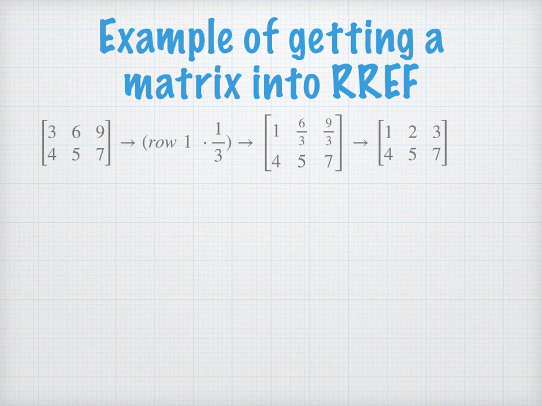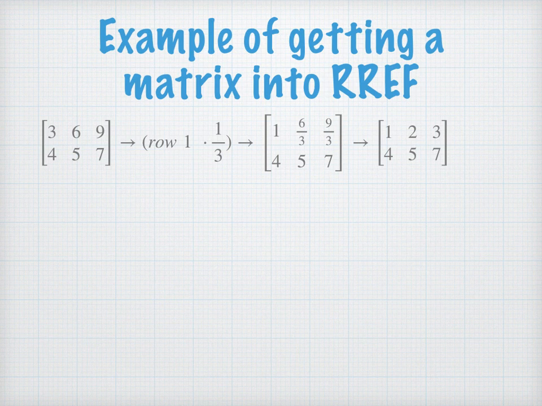Now, once we have our matrix so that we have 1, 2, 3 in our first row and 4, 5, 7 in our second row, we see that our goal of getting the first item in our first column to be a 1 has been accomplished. Now what we want to do is make everything else in our first column a 0, which means that 4 needs to be a 0.